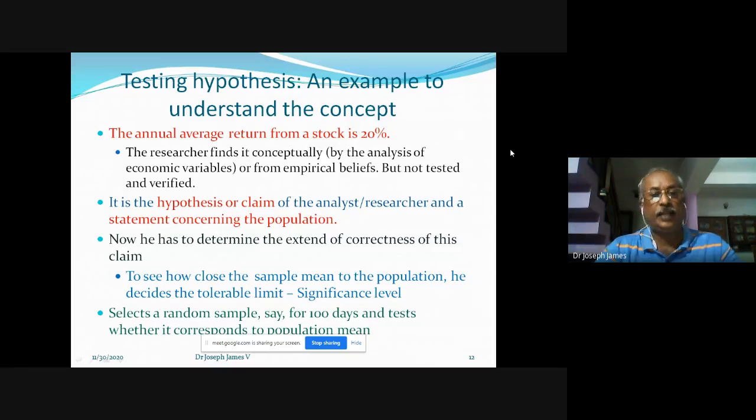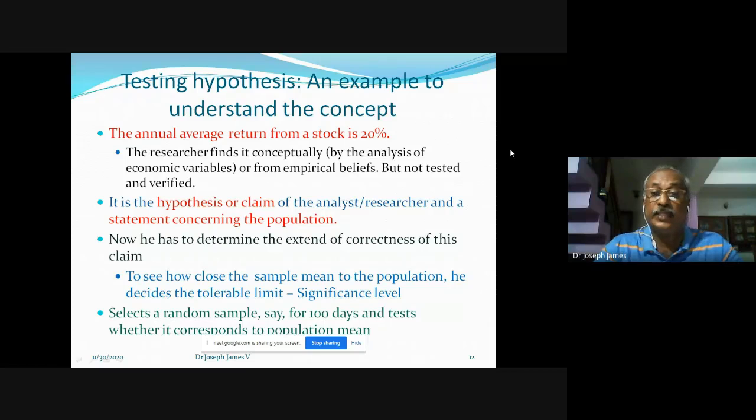And this is done by selecting a random sample, say for 100 days, and testing whether it corresponds to the population. That is, whether the mean of the sample is actually 20%, or sometimes it may deviate from 20% to 18% or 22% or 24%.